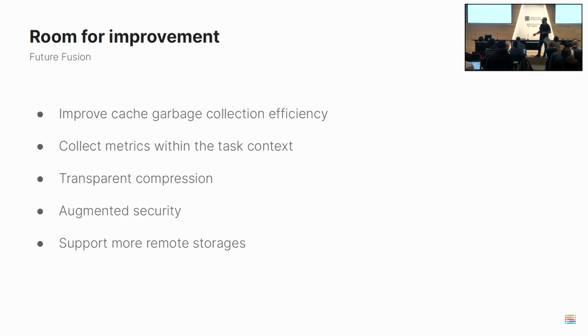I also think that we have lots of things that we can improve in terms of performance. The first is to improve the cache garbage collector that we have. Right now it's very simple. The garbage collector is the one that has to decide what to remove from the cache because it's already uploaded and it's not going to be used again.